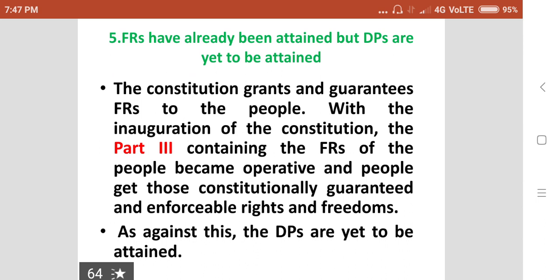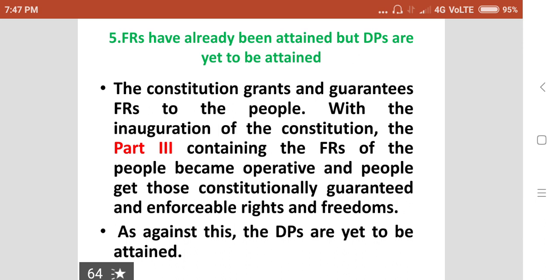Fifth difference, fundamental rights have already been attained, but directive principles are yet to be attained. The Constitution grants and guarantees fundamental rights to the people.